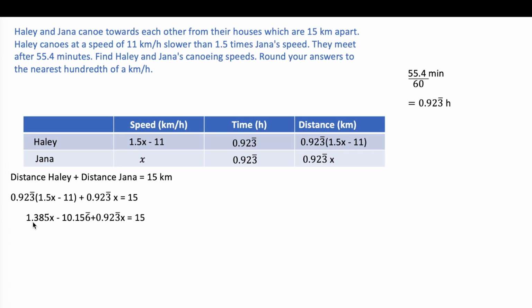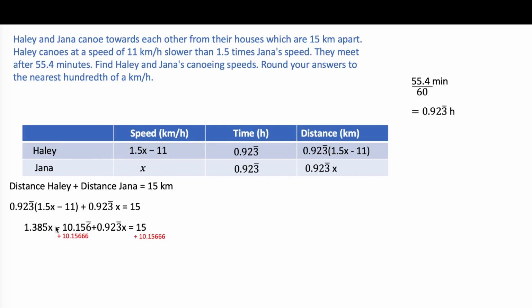I'm going to add my 1.385x to my 0.923x, and I'm also going to have to add to the other side. When I add these two together, I get 2.3083 repeating x is equal to 25.156 repeating.